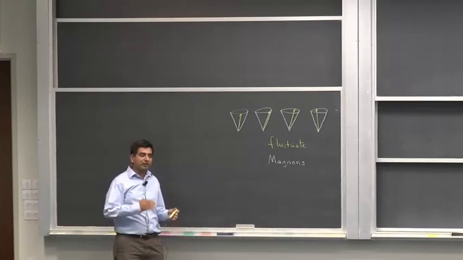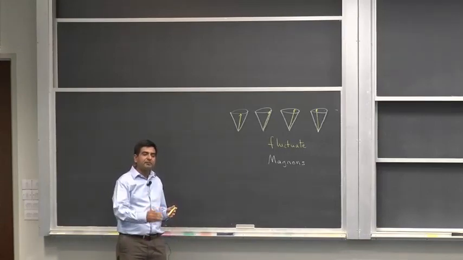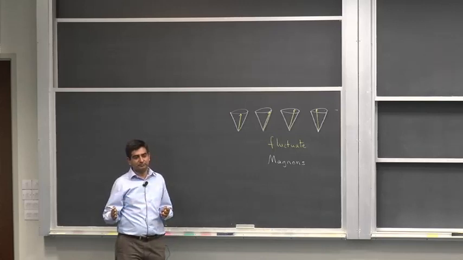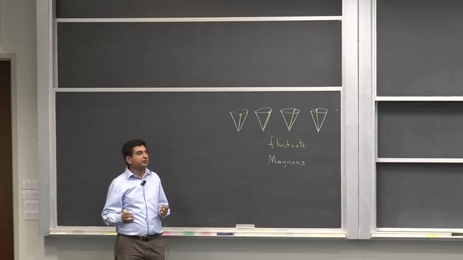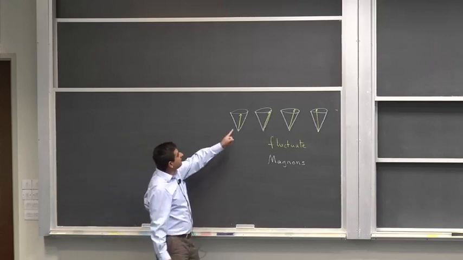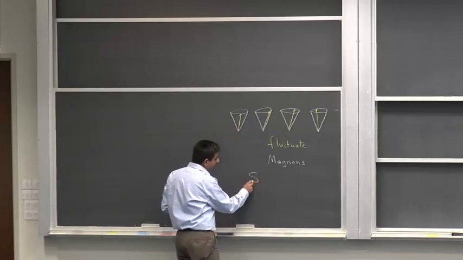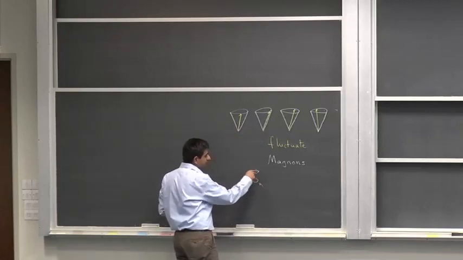Now, phonons are quantized oscillations. Magnons are quantized spin configurations. So what we did, we wrote down the equations of motion for the spin at the nth location.